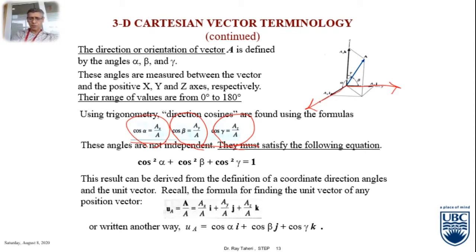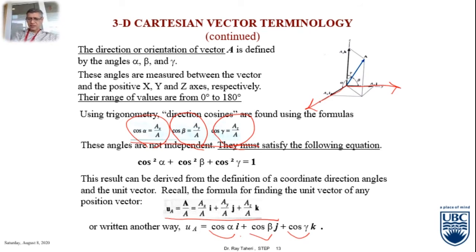And here is the formula. The unit vector of any vector is ax divided by a times i, ay divided by a times j, az divided by a times k, obviously where the vector has components i, j, k. One more, easier way to represent this is that the unit vector of any vector is cosine of alpha i, cosine of beta j, cosine of gamma k, where alpha, beta, gamma are the angles the vector makes with x, y, z.